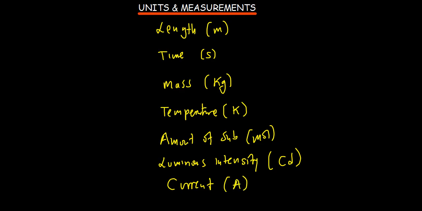Amps, isn't it? Or ampere. So these are known as basic quantities. When you combine any one of these, you are going to get what we call a derived quantity. For example, velocity is a derived quantity. Okay? Velocity is a derived quantity.